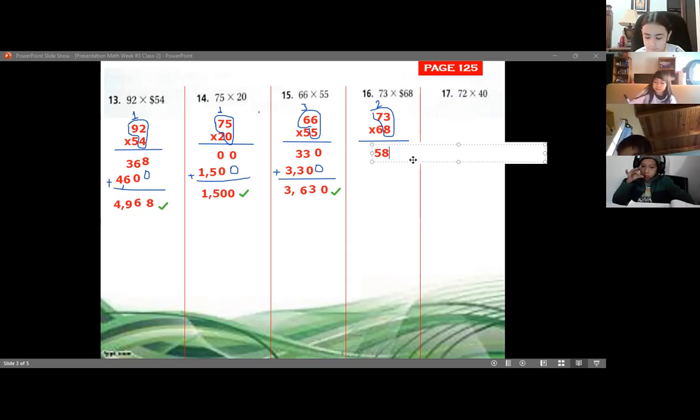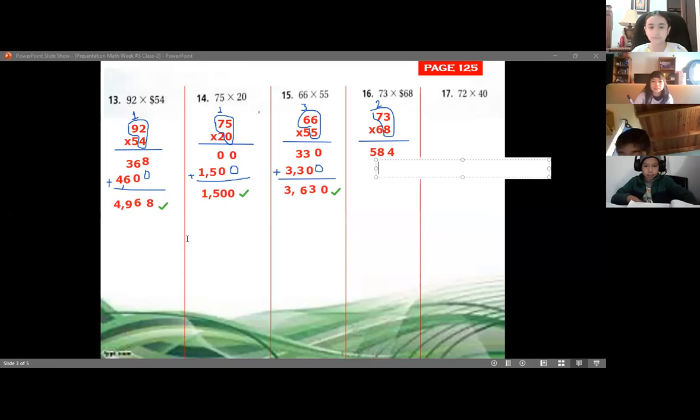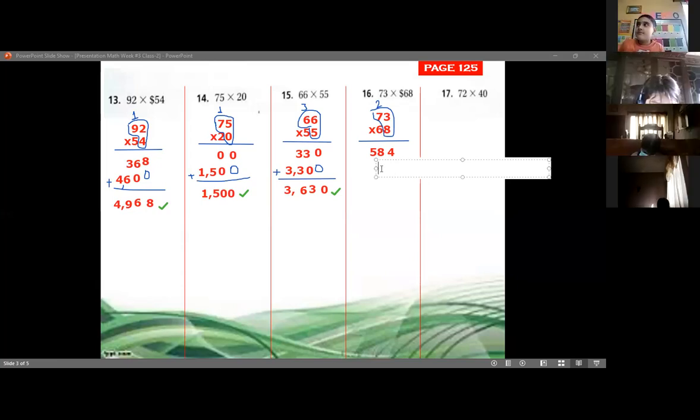Now we have 6 times 73. Multiply 6 times 73 because we start with the tens now, multiplying the tens. In this case, 6 times 3, class. 18.